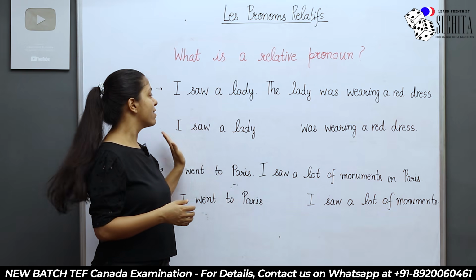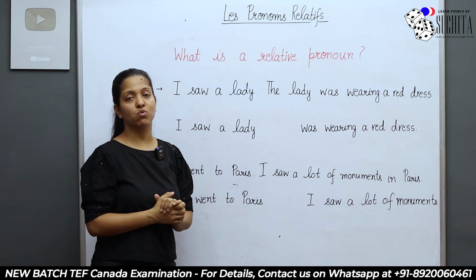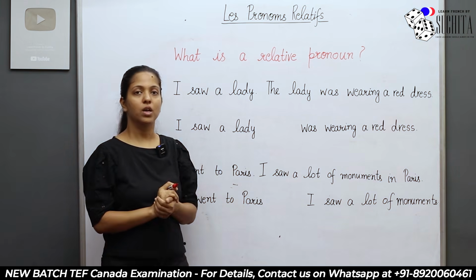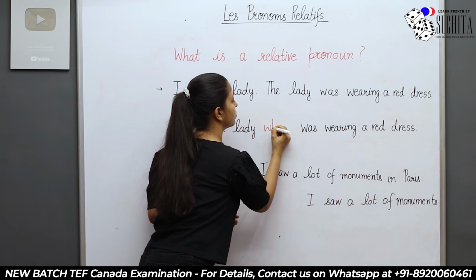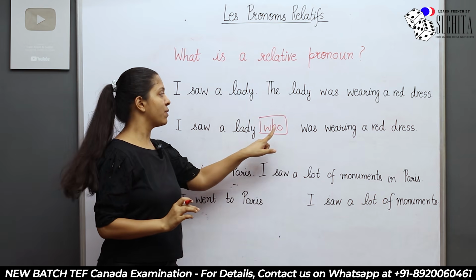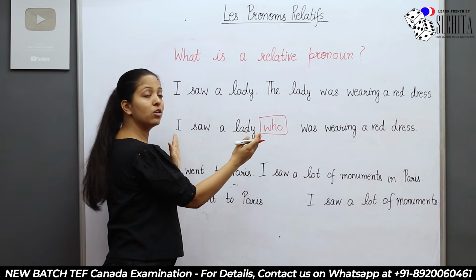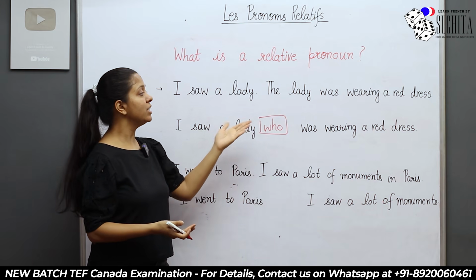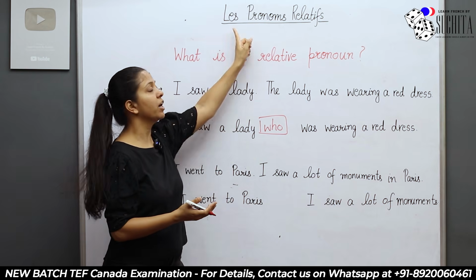You would say, I saw a lady who was wearing a red dress. So that who is your relative pronoun. By introducing who, I joined the 2 sentences and I avoided writing the lady again. I saw a lady who was wearing a red dress, and that is what our topic is.